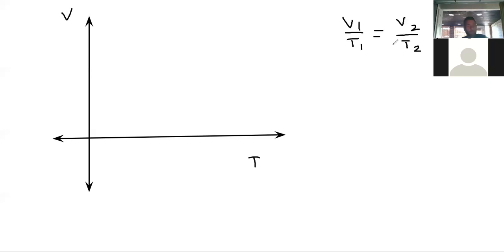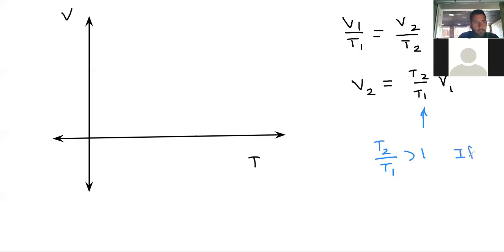And what would be the different form? We write this as V sub 2 equals T sub 2 over T sub 1 times V sub 1. And so what you notice is, if T sub 2 is bigger than T sub 1, if temperature increases, then volume will increase, because this fraction is greater than 1 if T sub 2 is greater than T sub 1.